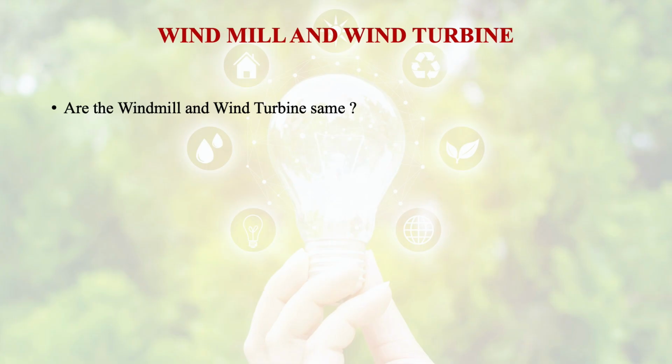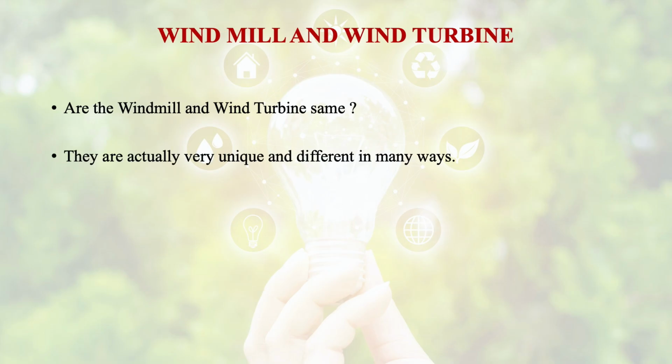Then comes the windmill and the wind turbine. The windmills that were used in the ancient days and are still common nowadays, and the wind turbine that we are using to generate electricity, are they the same? Actually, they are very unique and different in many ways. Though the principle is the same, they are different.